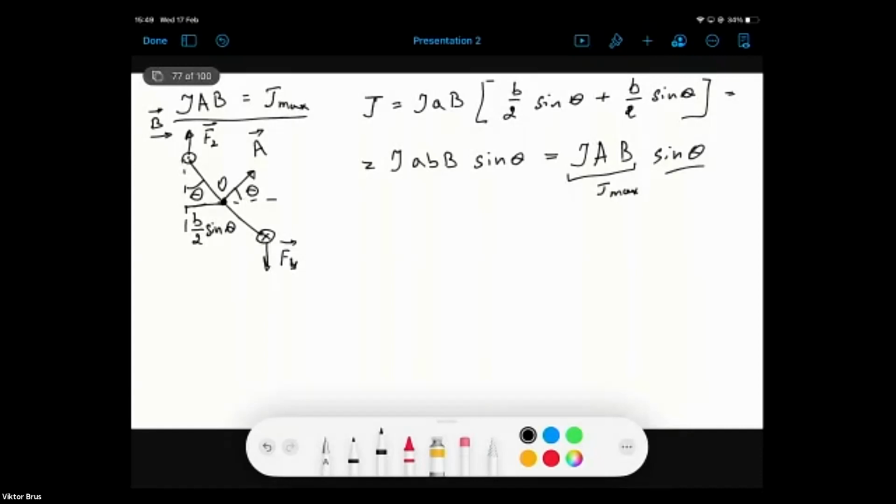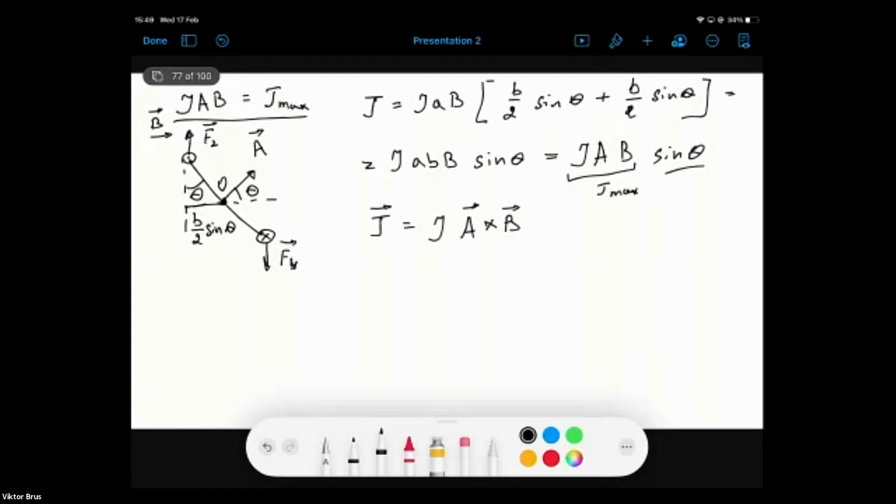Since we have this sine here, we can represent in general the torque as a vector quantity: I, the scalar quantity of electric current, times A vector times B vector, the magnetic field vector.